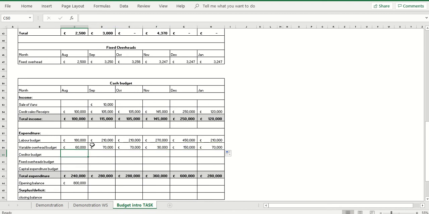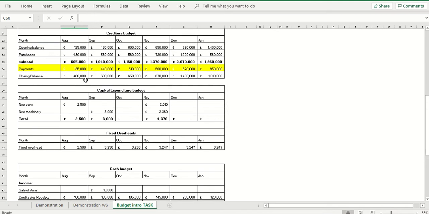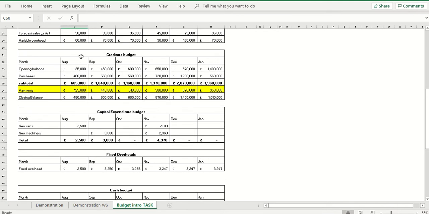The creditor budget is a little bit more interesting, because with creditors, suppliers we have bought stuff from on credit, what we're physically looking for is how much we will physically pay our suppliers or creditors in each month, and we find those figures in this row down here.